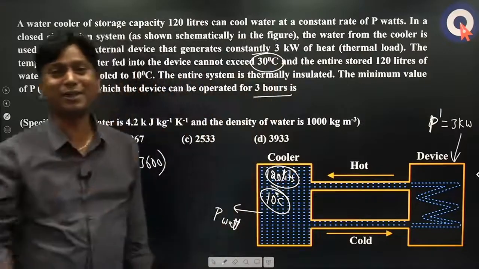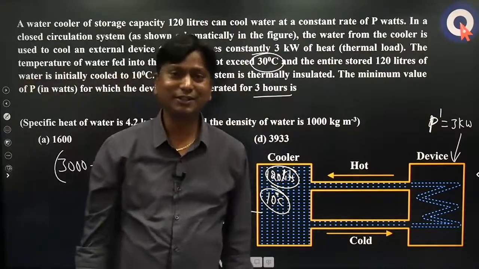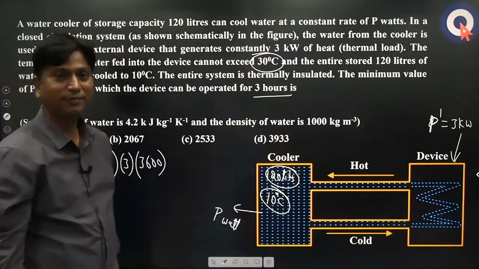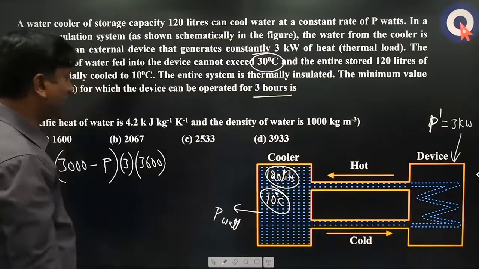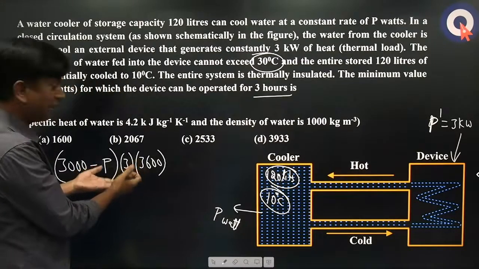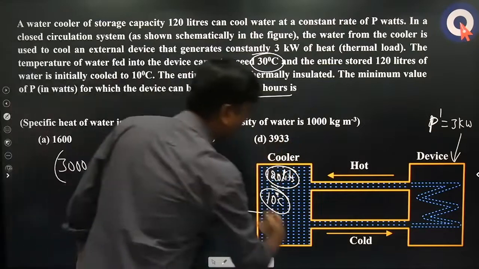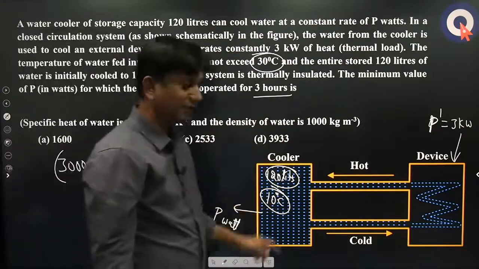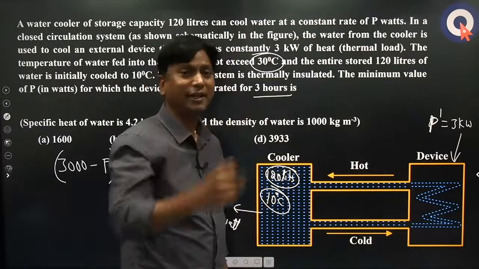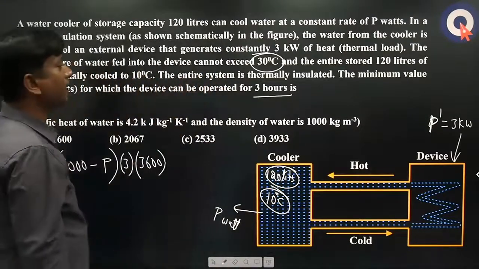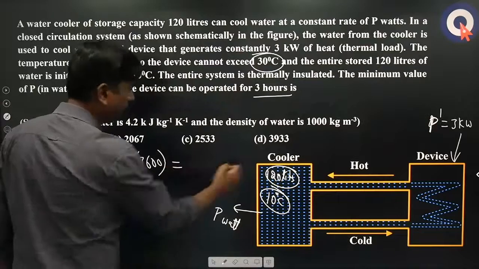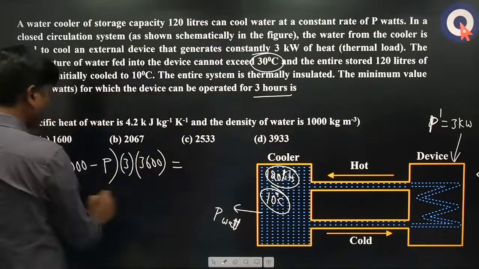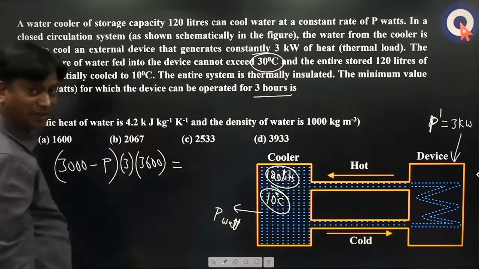After that you cannot operate this device. Okay, are you getting my point? So in this particular time of 3 hours, the total water, 120 liters which was at 10 degrees Celsius earlier, will be exactly heated up to 30 degrees Celsius. So m s delta theta, right? This is the total heat given into the system in 3 hours.